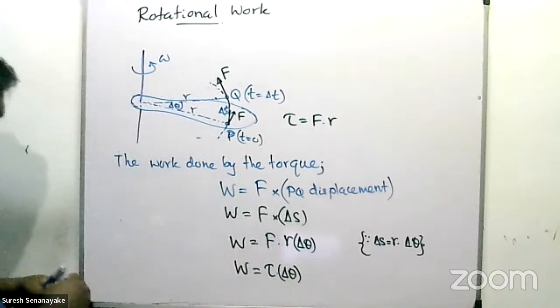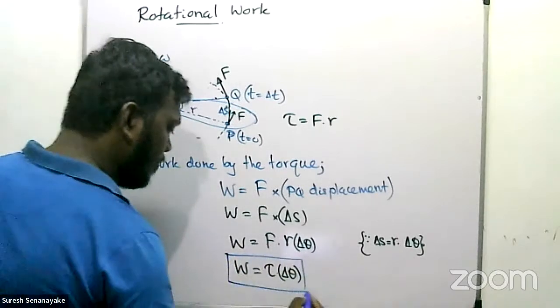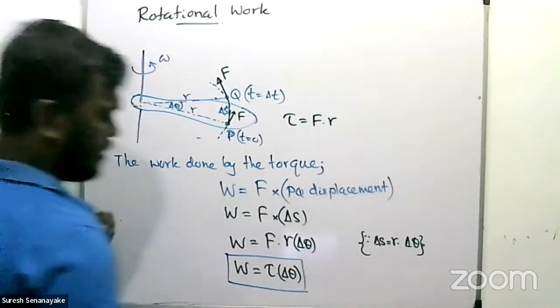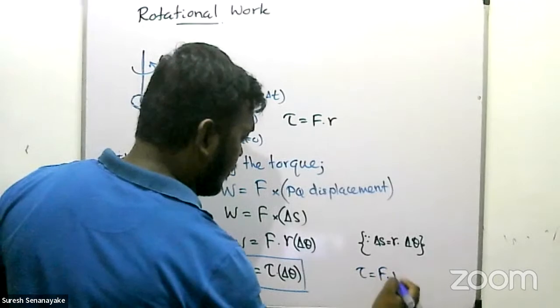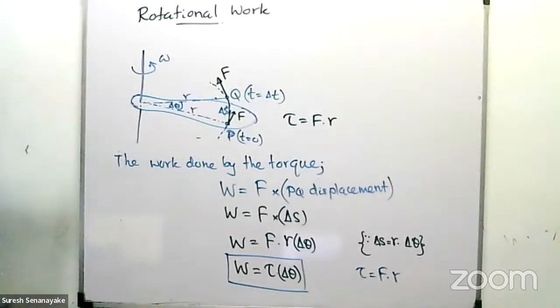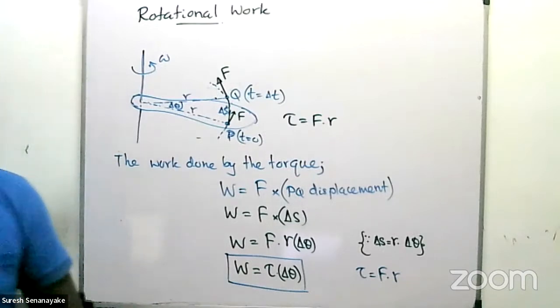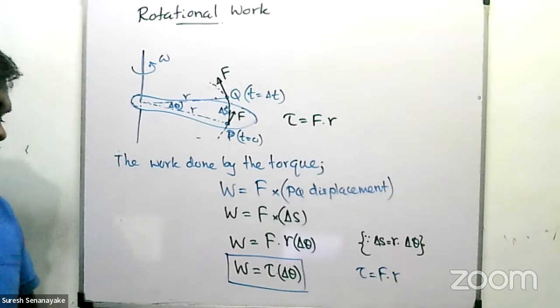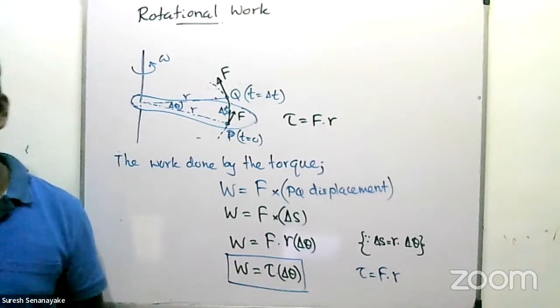This is the rotational work, the work done by applying a torque, where tau equals F into R. If you know the torque and the angular displacement it makes under the torque applied, the work done is tau delta theta.